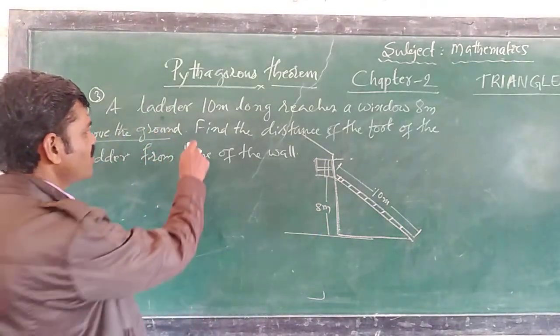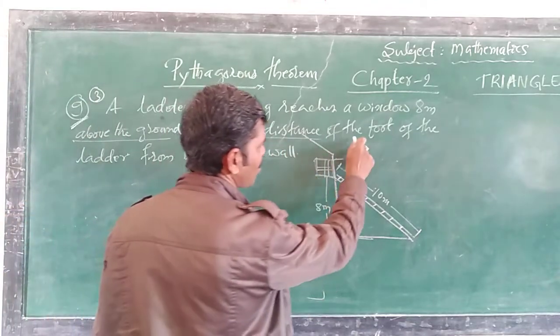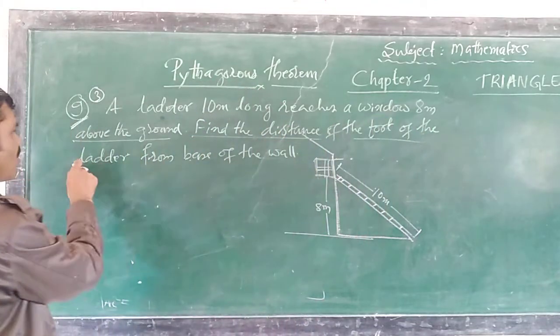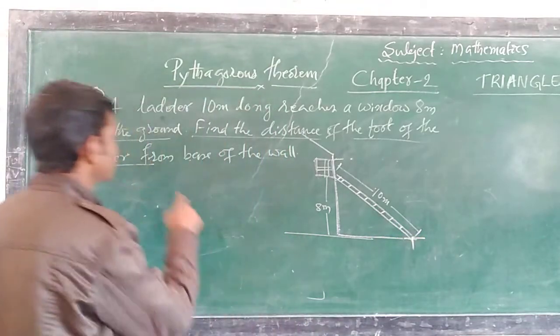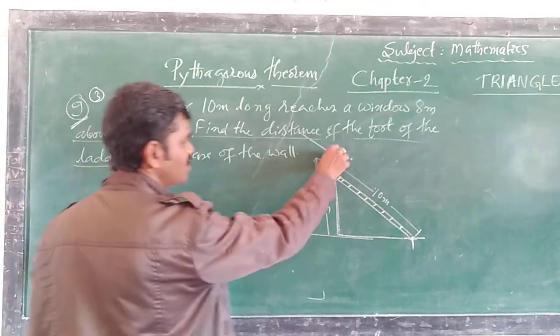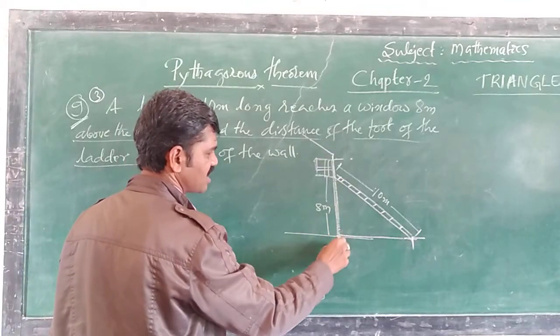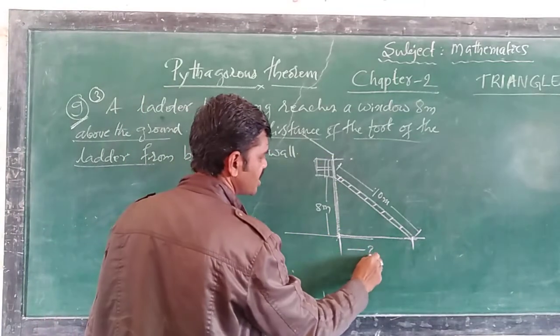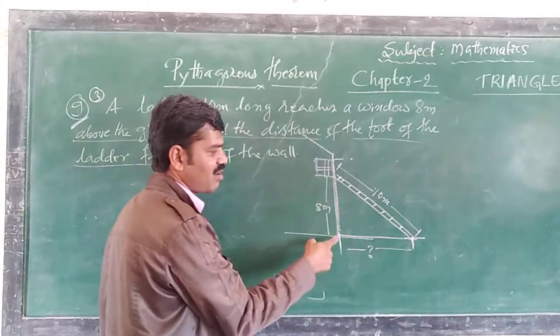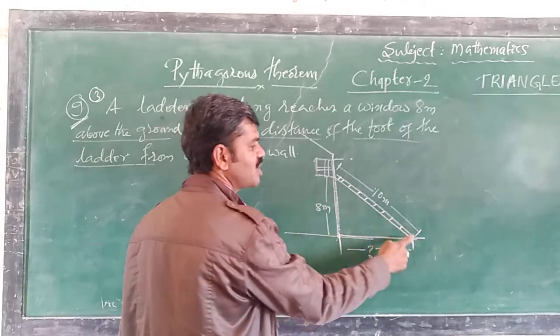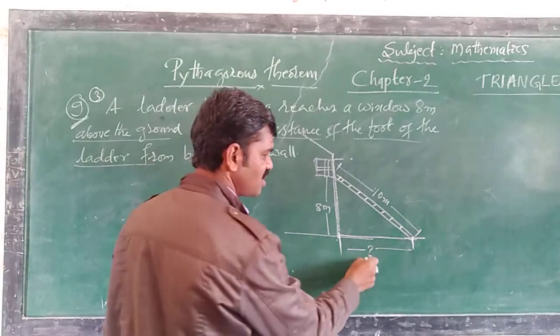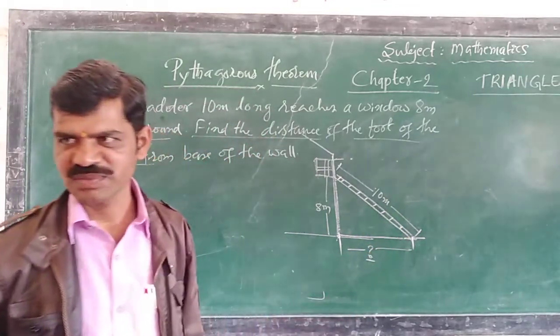So we have to find the distance of the foot of the ladder from the base of the wall. This is the wall and this is the base. So what is the distance from the base of the wall to the foot of the ladder? This is what we have to find out.